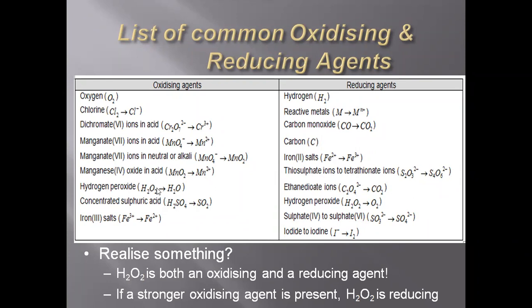If some stronger oxidizing agent or stronger reducing agent is there, then on that basis H2O2 will convert into H2O and O2. So this is an exception. Hydrogen peroxide can behave as an oxidizing agent as well as a reducing agent, but it depends on the reaction where we add it.